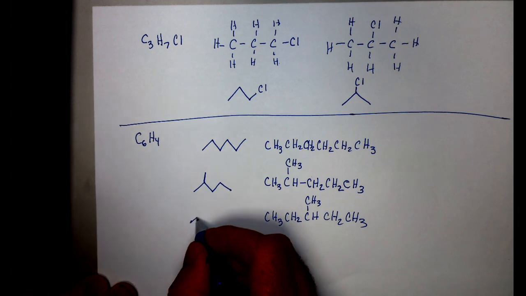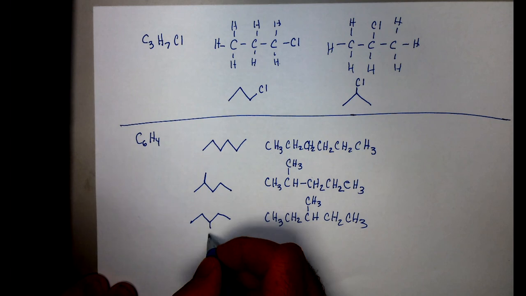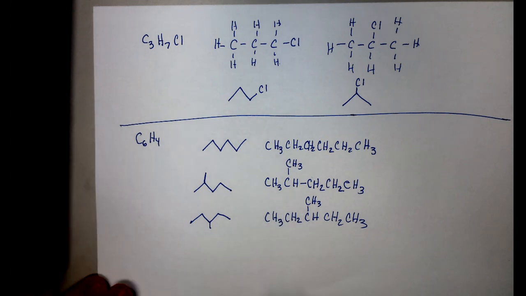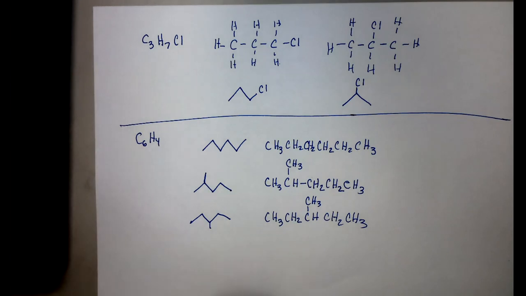So now we're going to have our same basic line structure, except the CH3 is off of that third carbon instead of the second one. That is 3 structures. Turns out hexane has 5 structures, so we're not quite done yet.